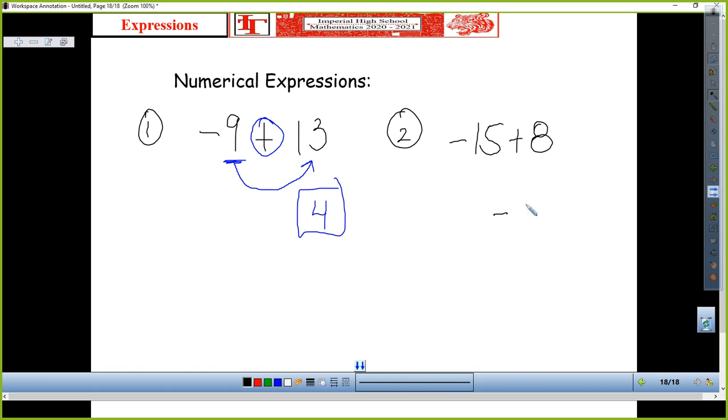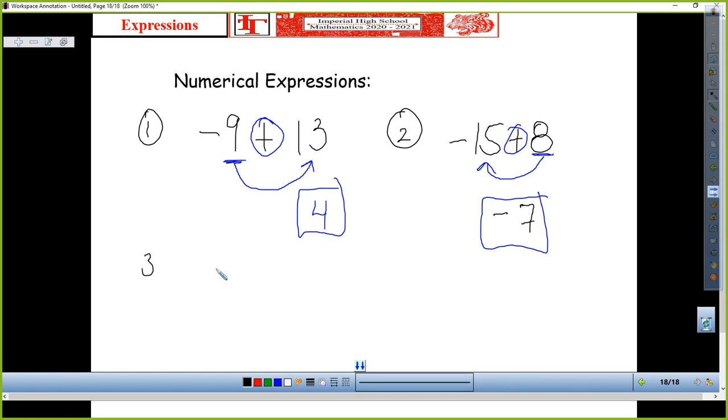Christopher, help him out. Negative 7. Negative 7. Let's double check. Is there addition between the two? Yes. Are they opposite numbers? Yes. Smallest number is 8. That means 8 of these positives are going to cancel 8 of these negatives, and we're left with negative 7. Have you got that? Yeah. All right. From there, let's go to number 3.